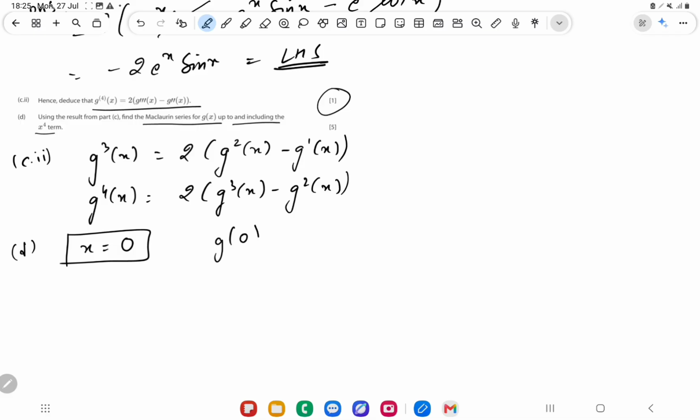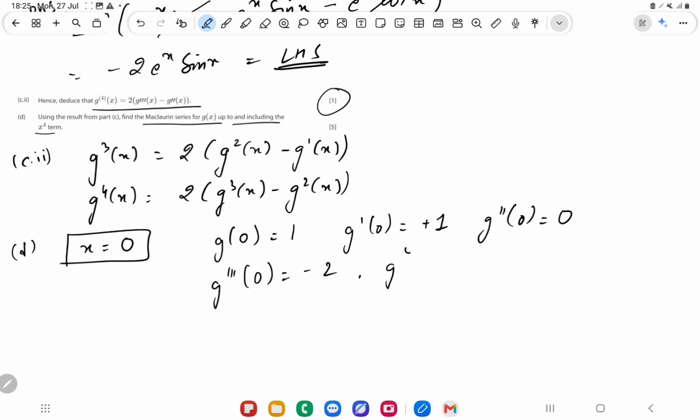So I'll start with g 0. My g x was e to the power x cos x, so g 0 will be 1, and when I put in my single derivative I will get again plus 1. When I put in my double derivative I will get 0 because I have sin 0. So in the triple derivative I will get minus 2. You can solve this, expand this, and then you can check your answers from here.